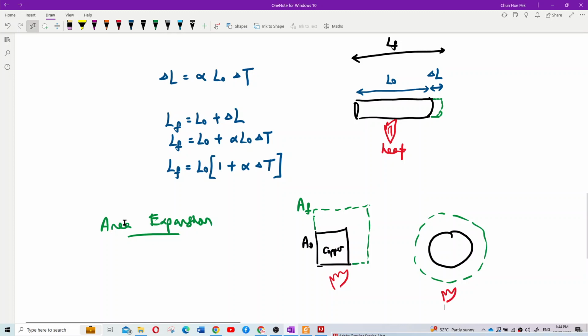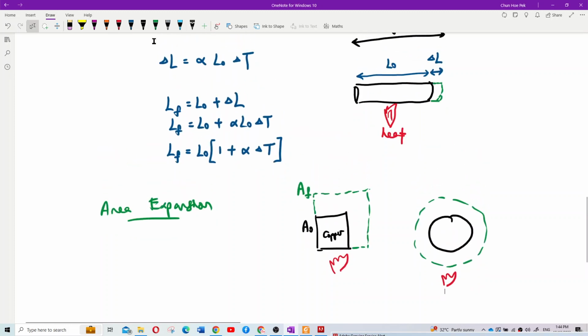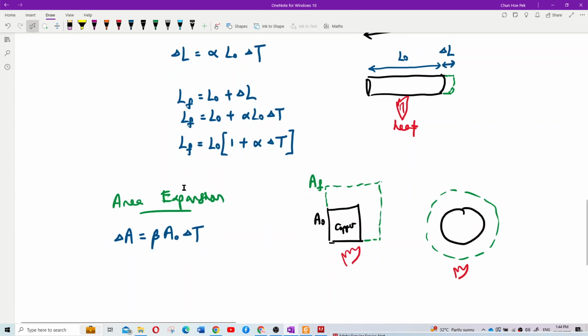We also have a formula for area expansion, and it is the same as the linear expansion. Can you guess, class? Everybody, good guess. Change of length becomes change of area, alpha becomes beta, initial length becomes initial area, and then change of temperature. That's it.